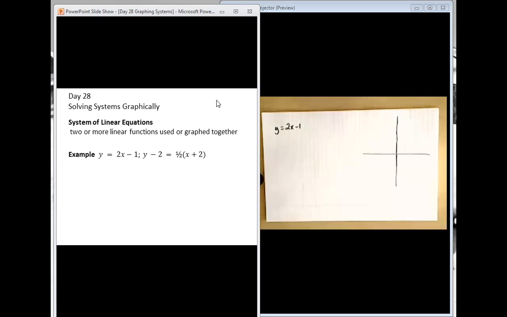What's one thing we know about this line here? What does the -1 there represent? Yeah, B. Perfect. So where on the graph is this going to be?